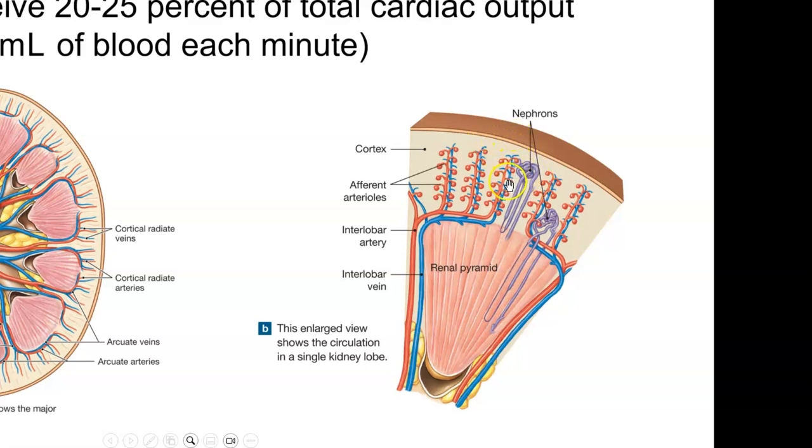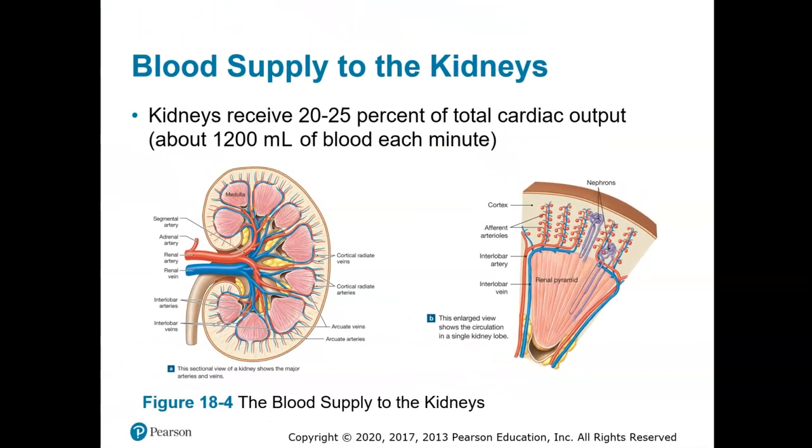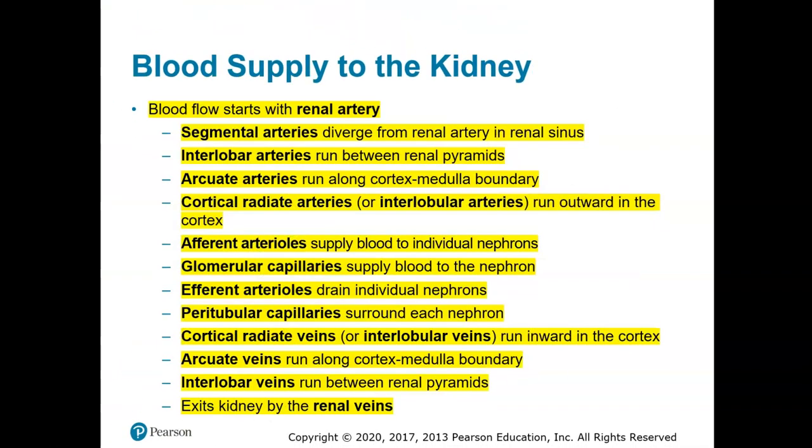Then the blood drains into the cortical radiate veins, the arcuate veins, and the interlobar veins. There are segmental arteries, but no segmental veins. The interlobar veins drain directly into the renal vein. That is the pathway of blood flow, and here are the notes.